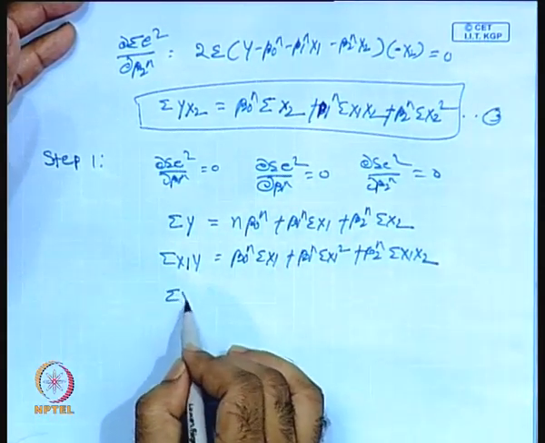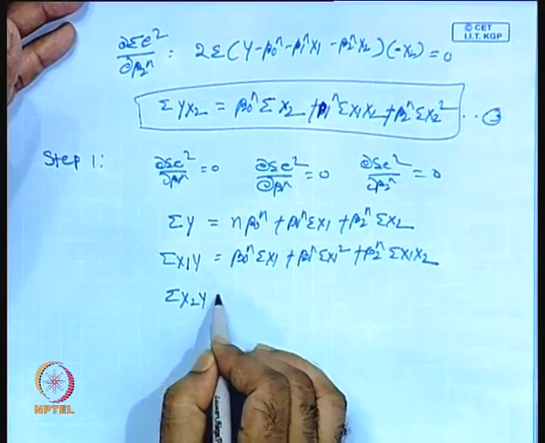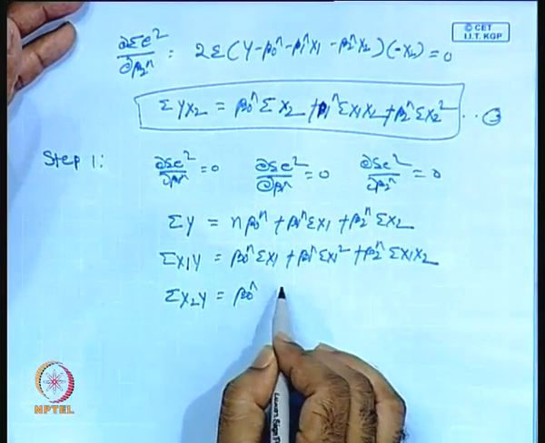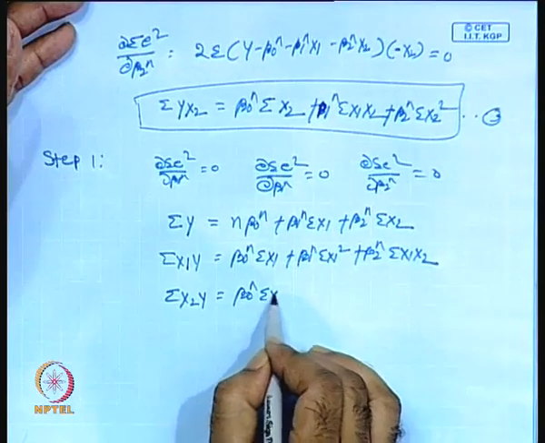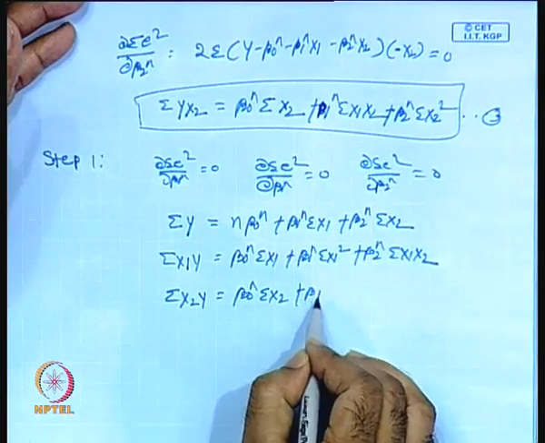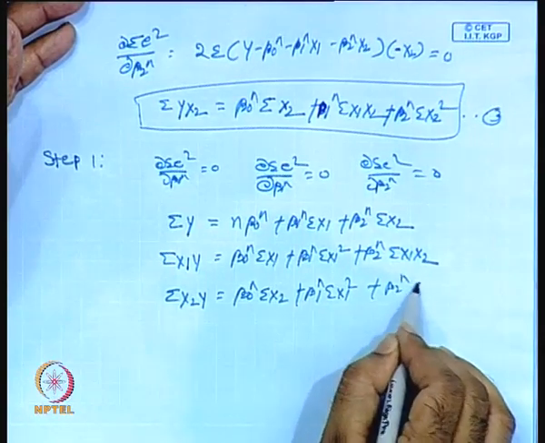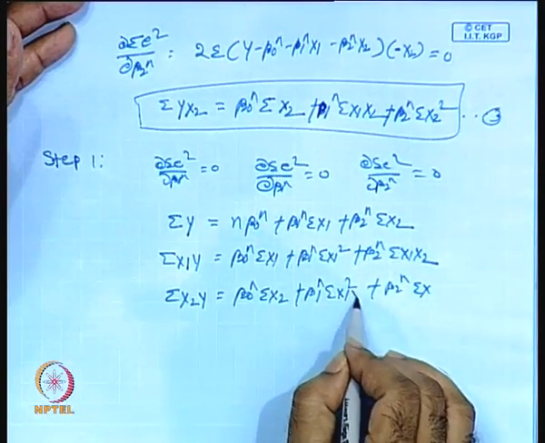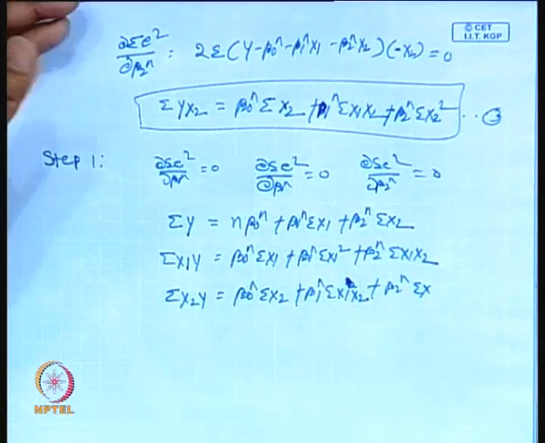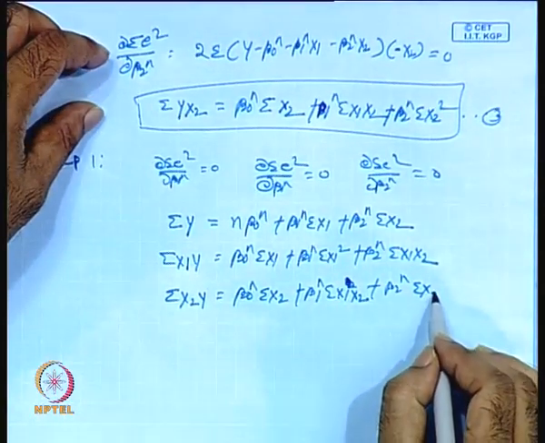The third equation is summation x2y is equal to beta 0 hat summation x2 plus beta 1 hat summation x1 x2 plus beta 2 hat summation x2 squares.